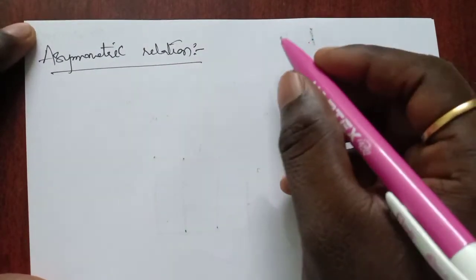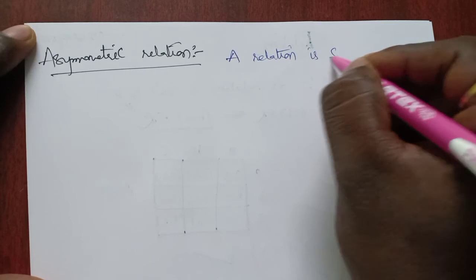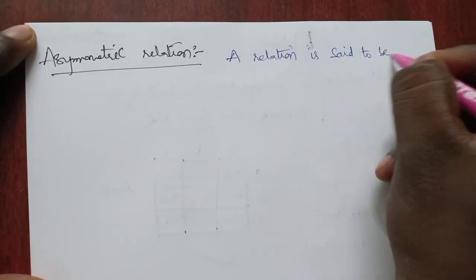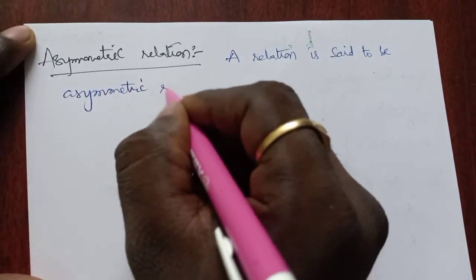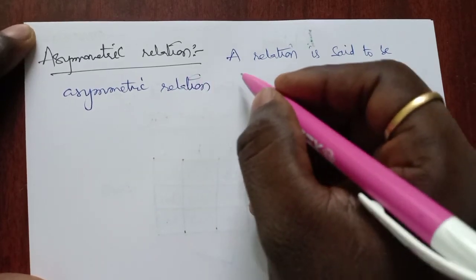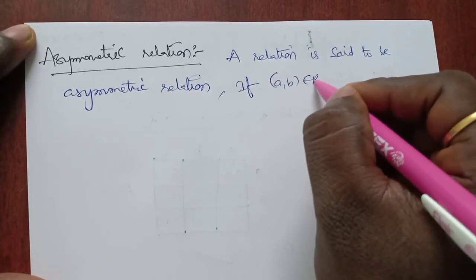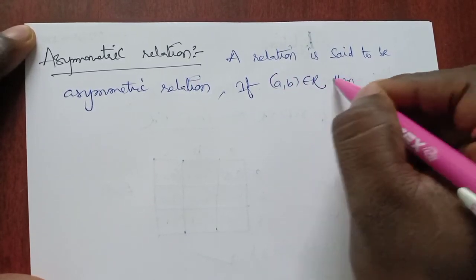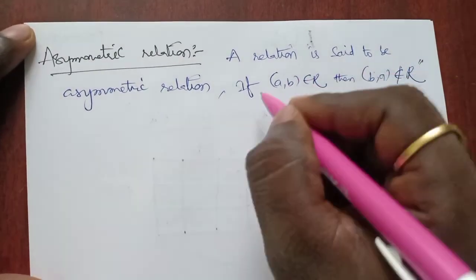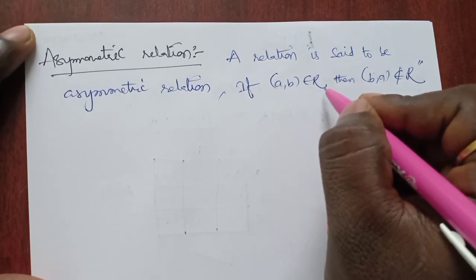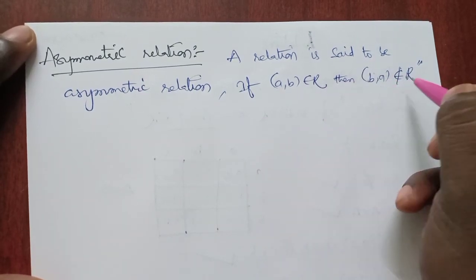A relation is said to be asymmetric if (A, B) belongs to R, then clearly (B, A) does not belong to R. For any values, whether A equal to B or whatever they may be, (B, A) must not be present in the relation.